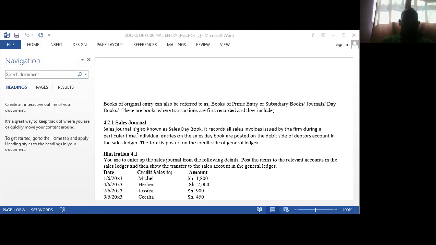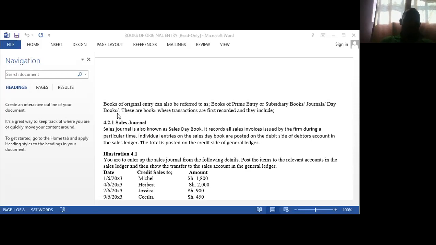And of importance there to note, it is the word credit, not any sales. Goods that are sold on a cash basis, or are sold and a cheque is received from them, are not recorded here. Only those goods which are sold on credit.